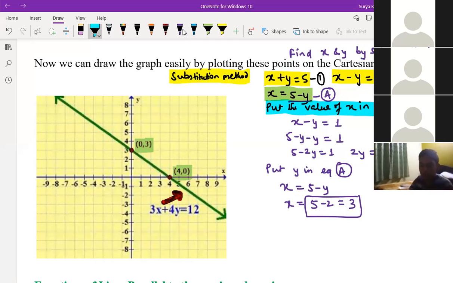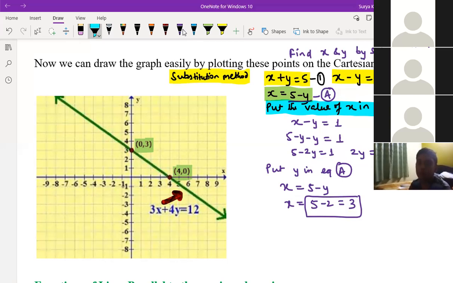Then for the second one I thought you would write x is equal to 1 plus y. No, no. You take x or y from any one equation and put it in the other equation. That's it.